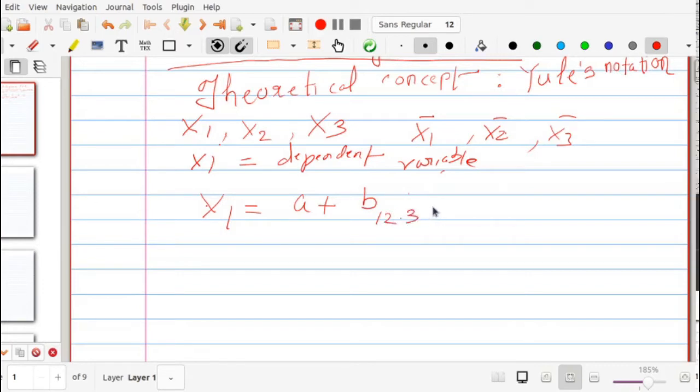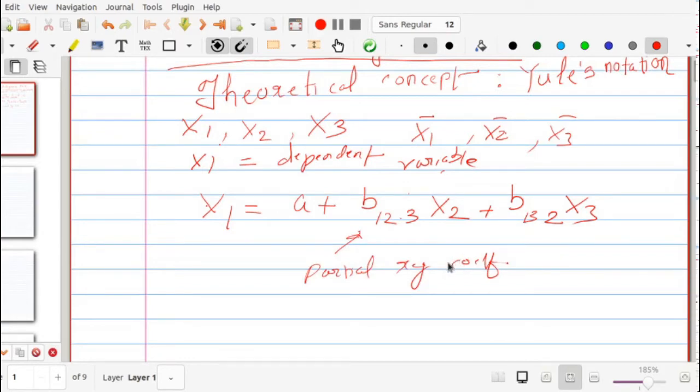Do not get overwhelmed by this syntax. I will explain it one by one. b12.3 is known as the partial regression coefficient of x1 on x2, keeping x3 fixed.